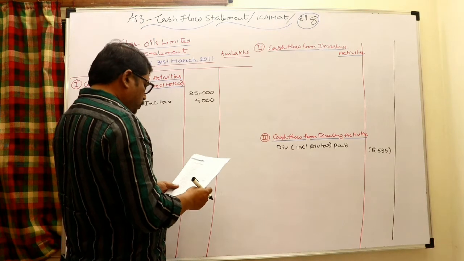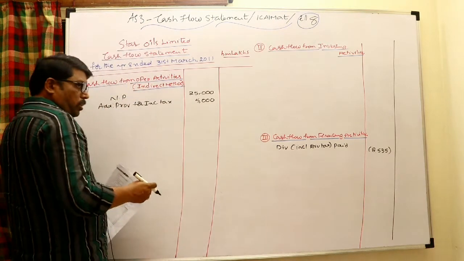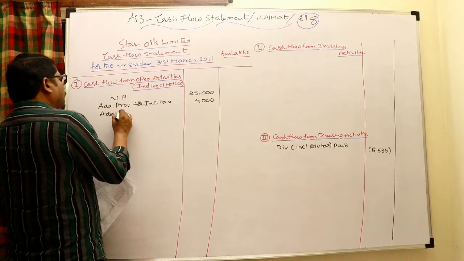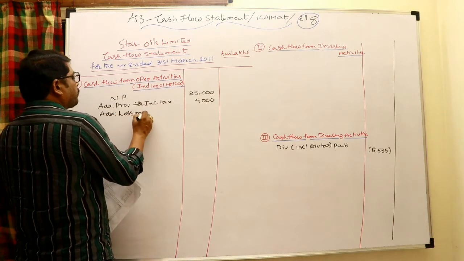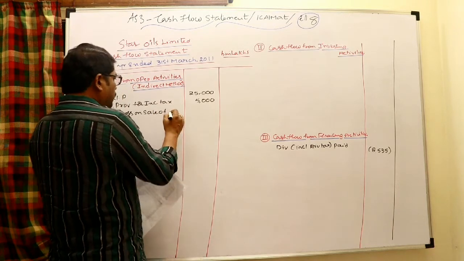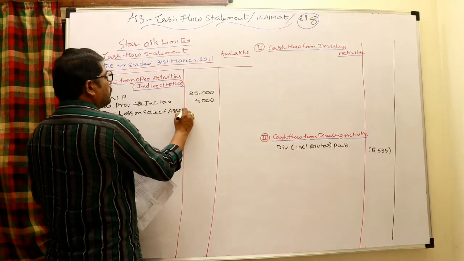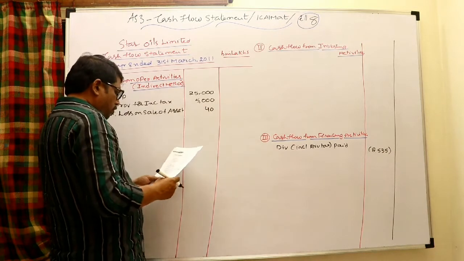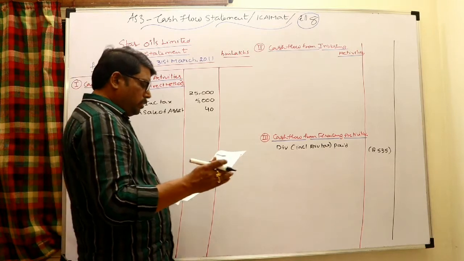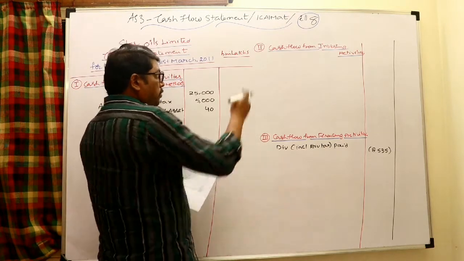Loss on sale of asset should be withdrawn here. Loss will reduce your profit, so it should be added back. Add loss on sale of asset, 40. Book value of assets sold 185. Assets sold at 40 loss means 145 received. Investing activity.